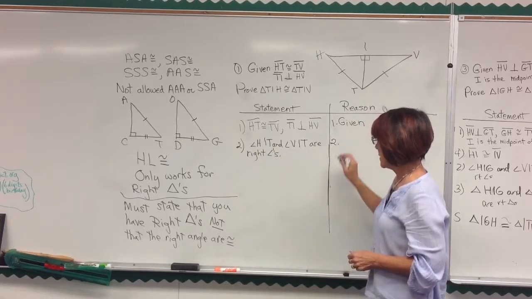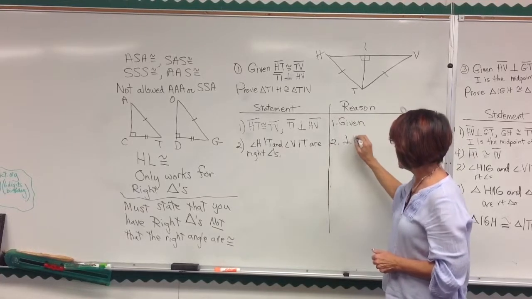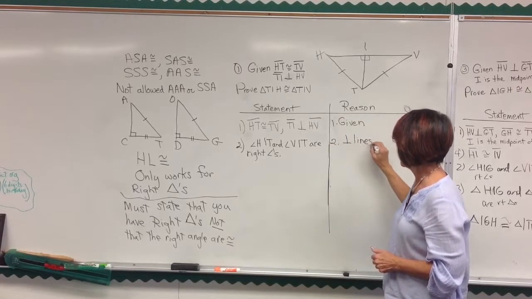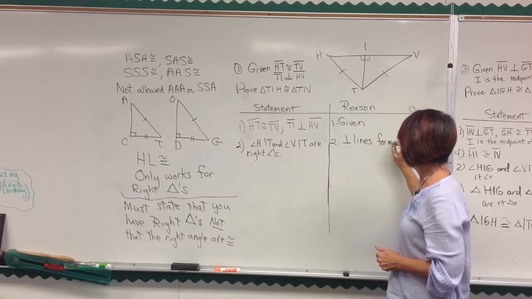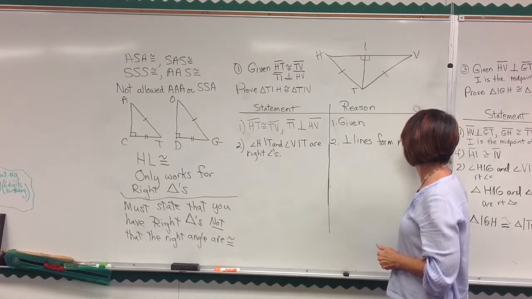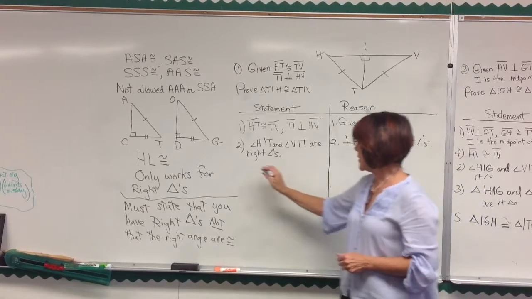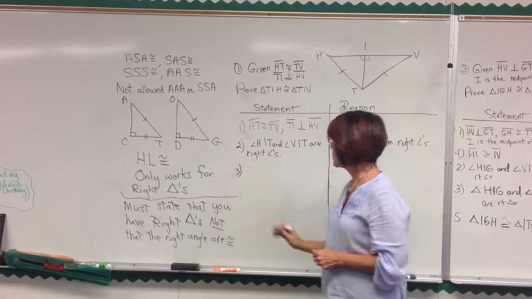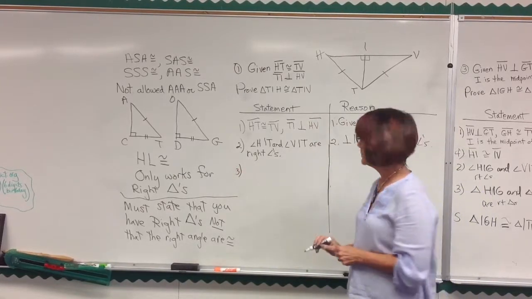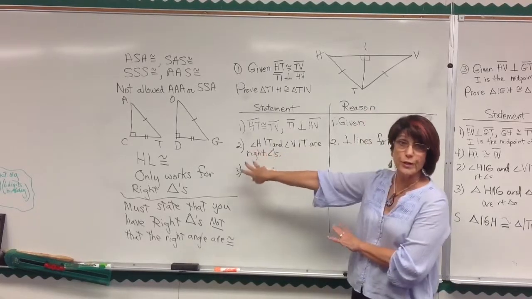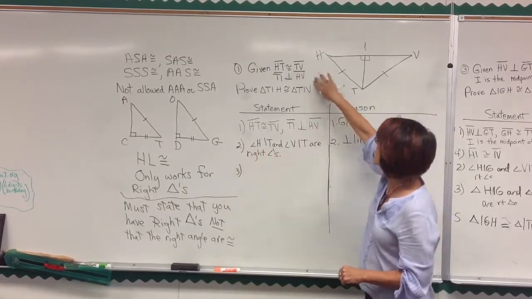And that is because perpendicular lines form right angles. And we did this in our other packets. But now statement 3 is going to vary a little. In fact, maybe I'll hold that off for a moment. I've addressed my two givens.